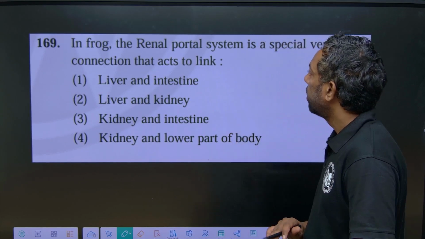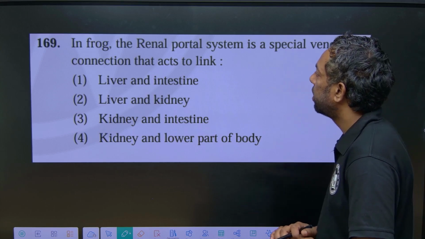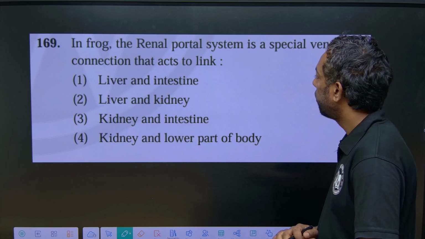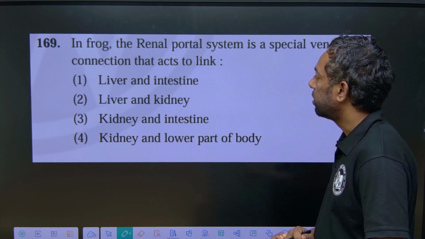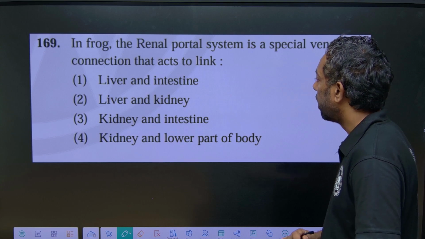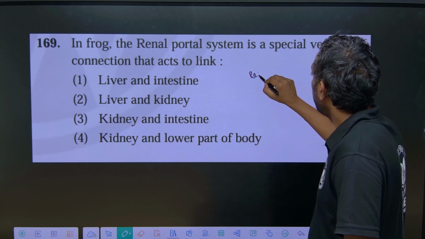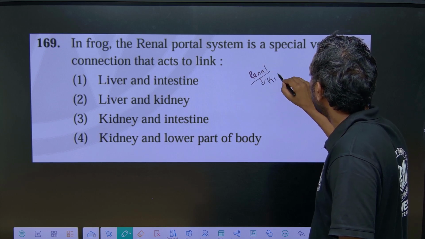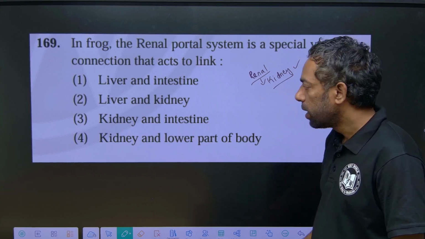In frog, the renal portal system is the special venous connection that acts to link. In frog, the renal portal system connects to, yeah, renal is the term which is relevant to the kidney. This is the kidney.